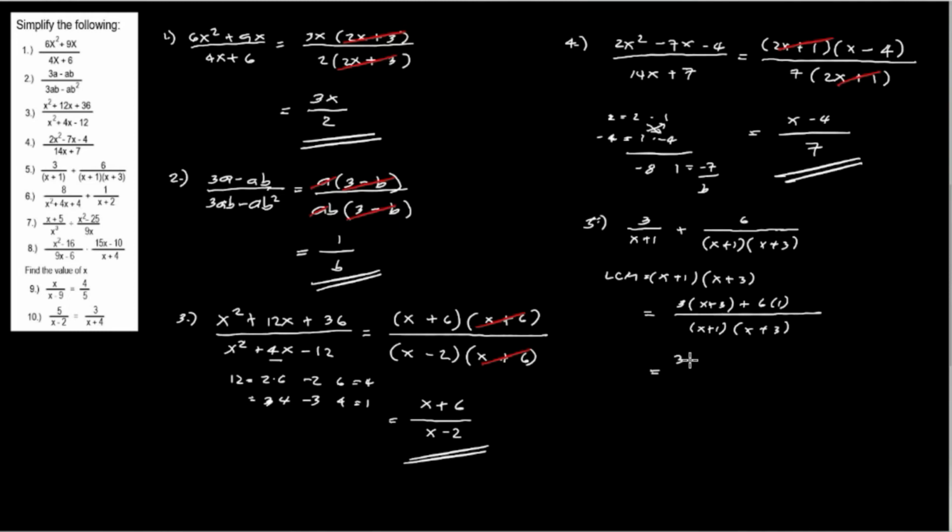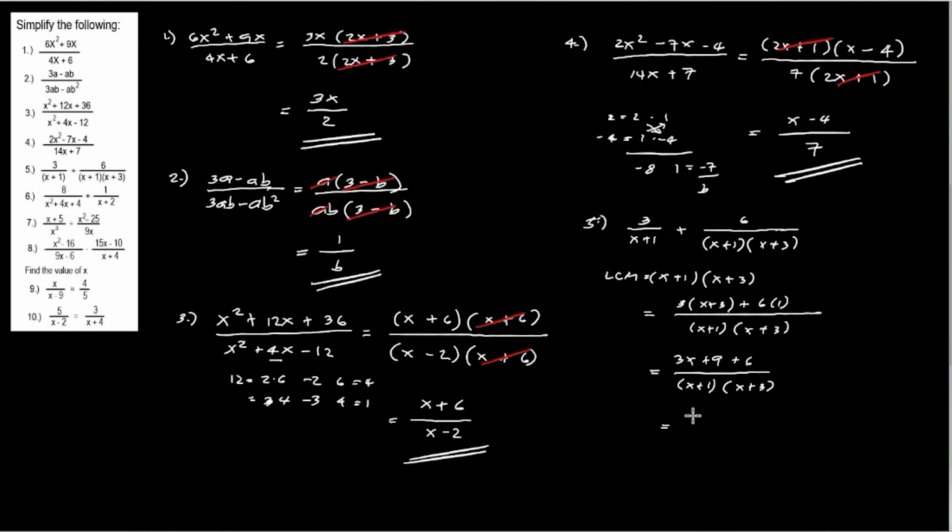3 times x, or 3x, 3 times plus 3, or plus 9. 9 plus 6 times 1, or 6, and divide by x plus 1, x plus 3.